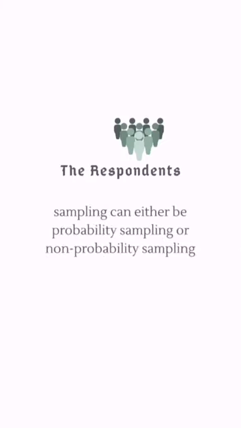A population is a group of individuals that have the same characteristics, whereas a sample is just a subgroup of the target population that the researcher plans to study for the purpose of generalizing about the target population. So, sampling is what we're talking about.